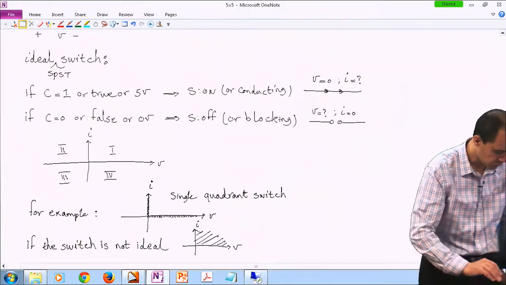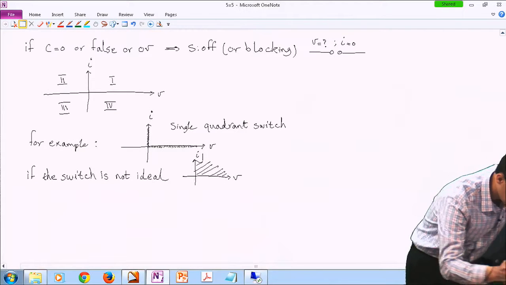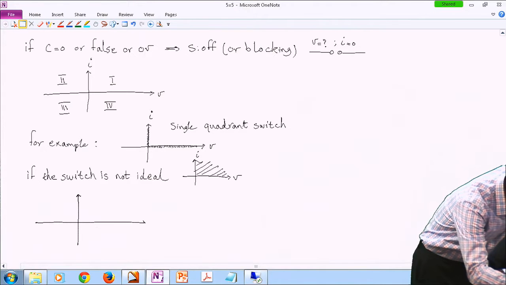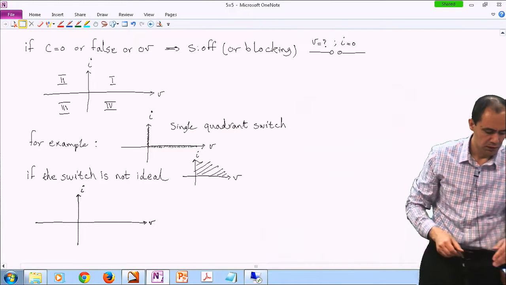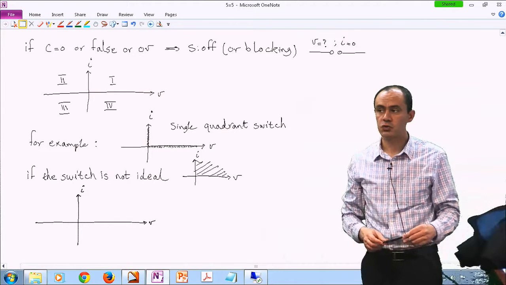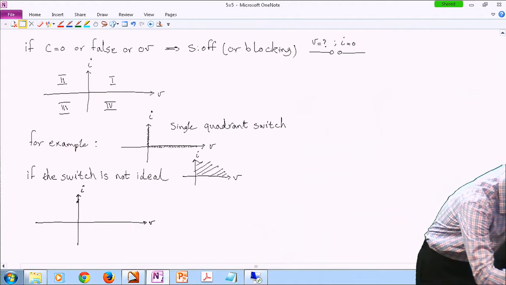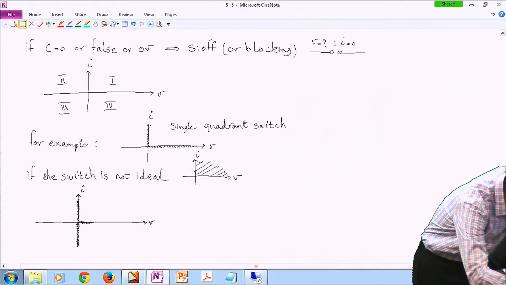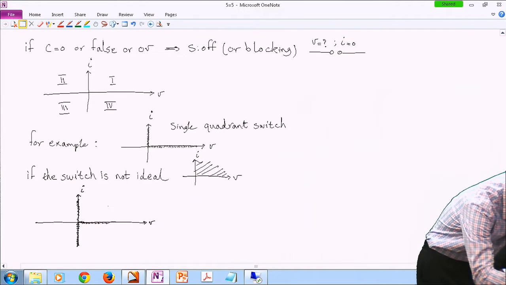Now, if you hear the terms, let me just draw them here and then explain what they are. If your switch is supposed to conduct positive and negative currents, but it is only required to block positive voltages, you're looking at a current bidirectional two-quadrant switch.